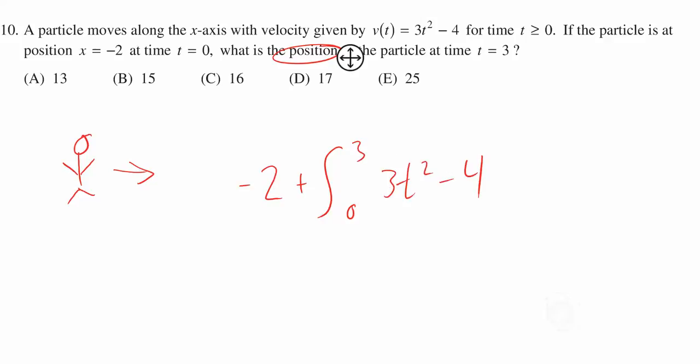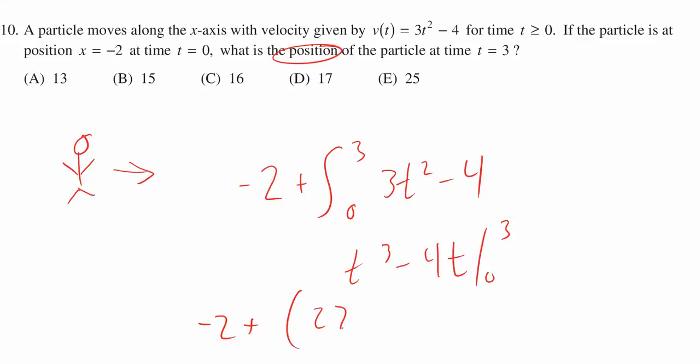No calculator. So t cubed minus 4t from 0 to 3, -2 plus, let's see, 27 minus 12, plus 0 is the next part of it. So 15, so 13. There it is. Good job.